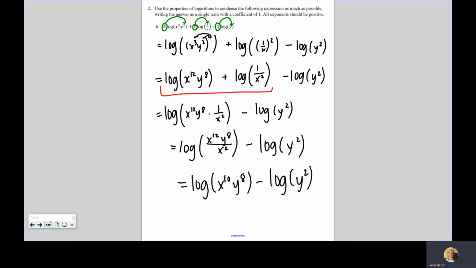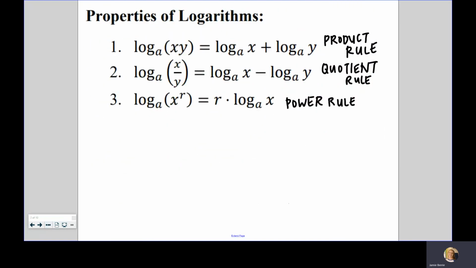All right, now we're going to combine these into a single logarithm. Right now they are separated by a minus, so according to our properties of logarithms, that means we're going to use the quotient rule. It says if you have log base a of x minus log base a of y, that's the same thing as log base a of x over y, with x as the numerator and y as the denominator.